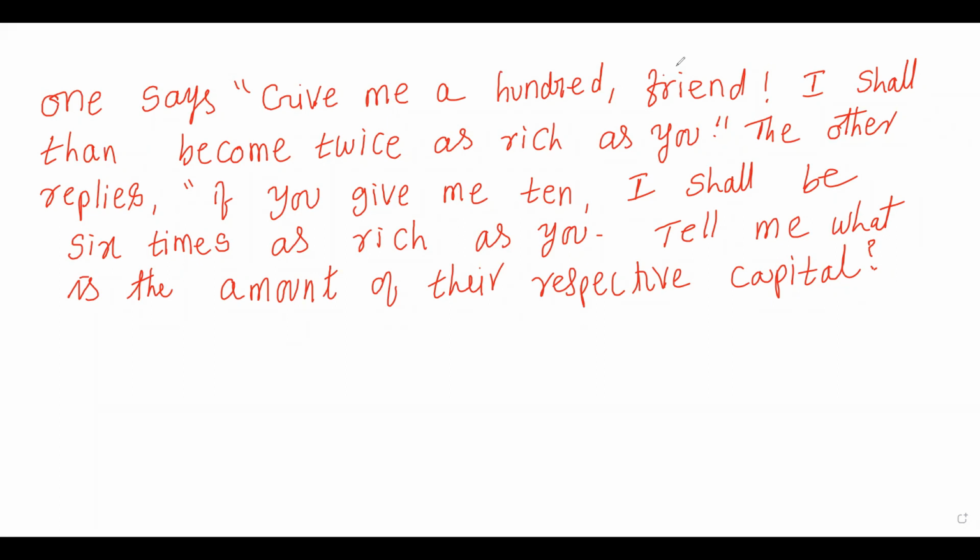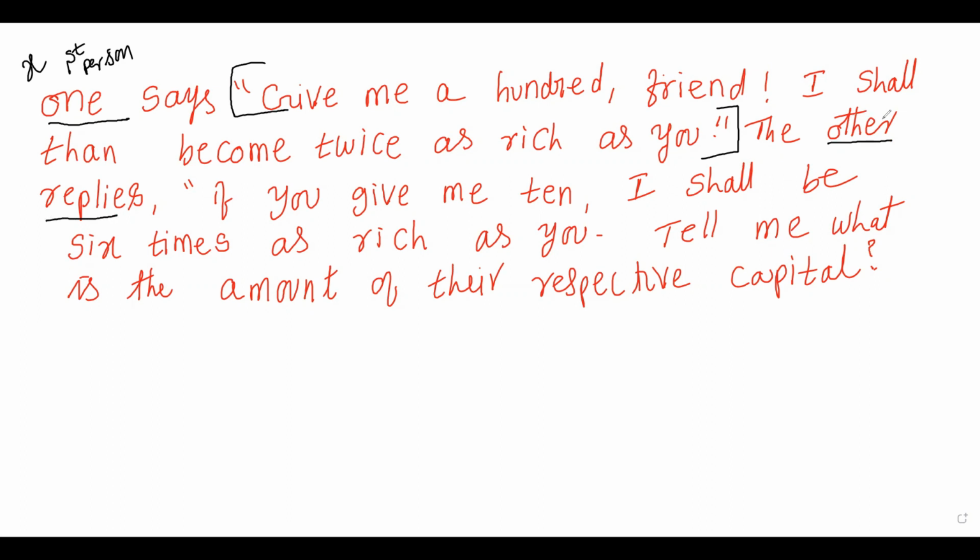One says, in this particular question, it is written one says. This is first person. And this is from here to here, it is first condition. Let the first person has an amount of X. The other replies.